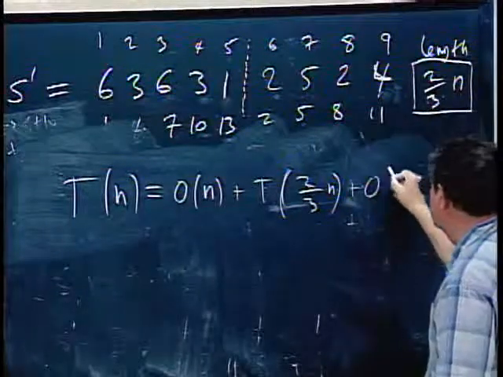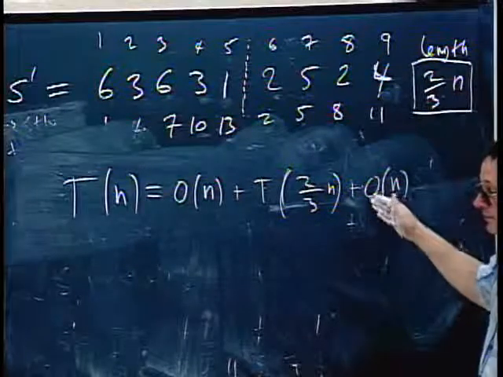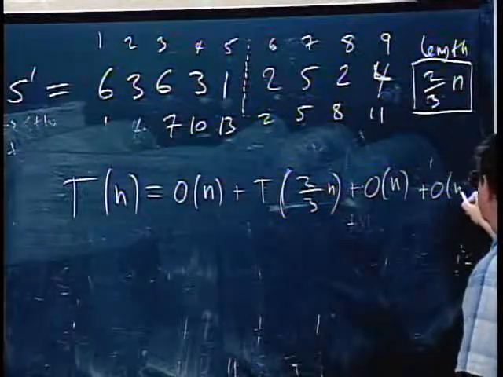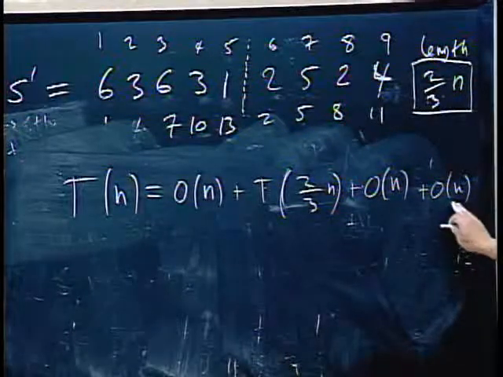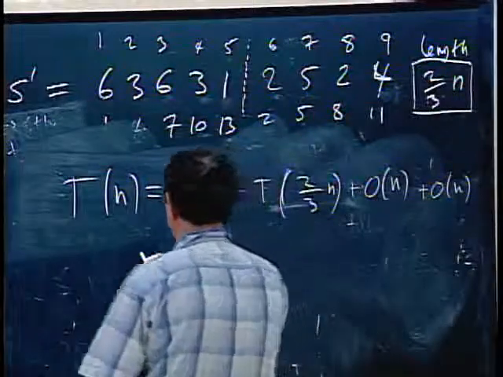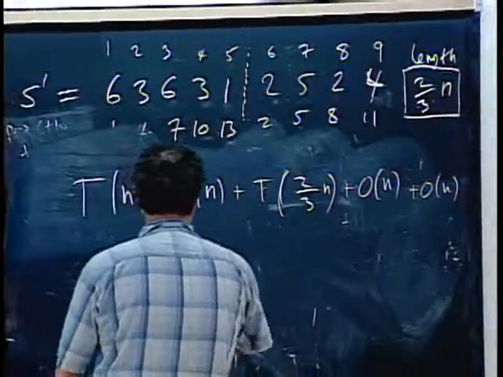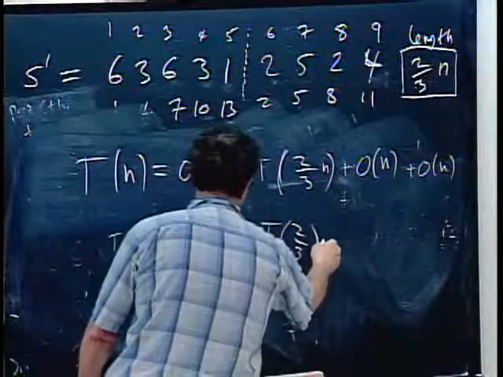Then you have the time to build the suffix array restricted to position 0 mod 3, and then you have the merging of those two restricted suffix arrays. And so this is just T of n is equal to order n plus T of 2/3 n.